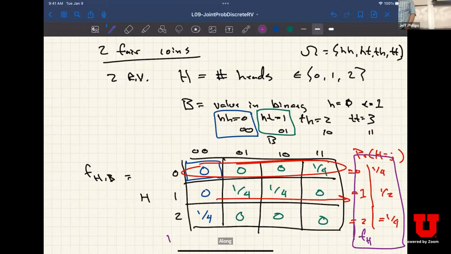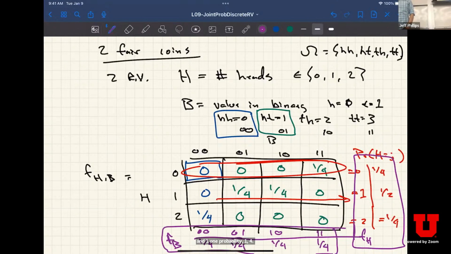To get f of b, I can write 0, 0, this is probability 1/4, 0, 1, probability 1/4, 1, 0, probability 1/4, and 1, 1, probability 1/4. Right, so by marginalizing along the columns, I get f of b, that PDF.